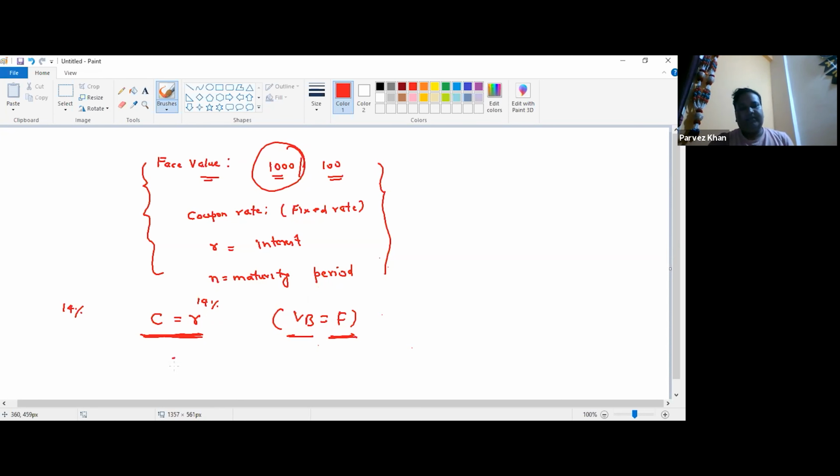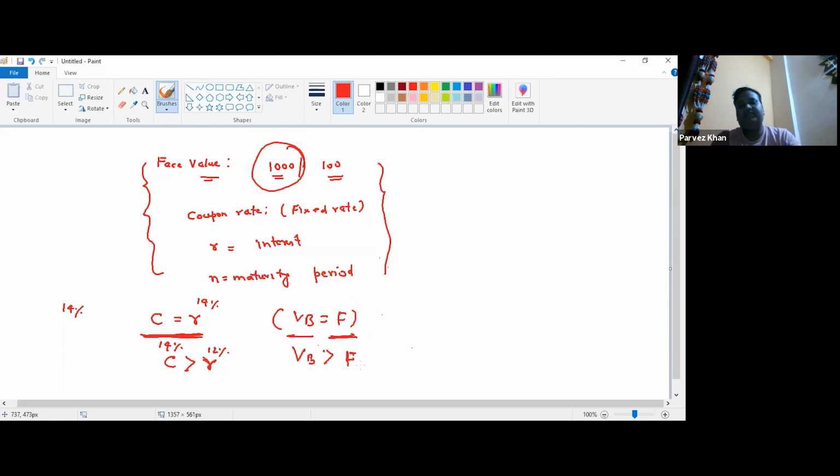Clear? If coupon rate is greater than discount rate, for example suppose coupon rate is 14% and discount rate is 12%, then the value of the bond will be higher than the face value.